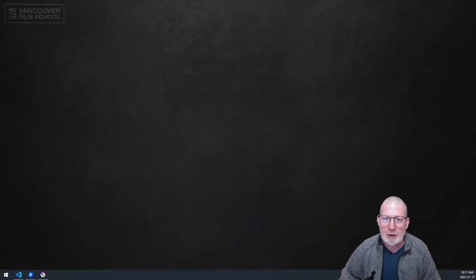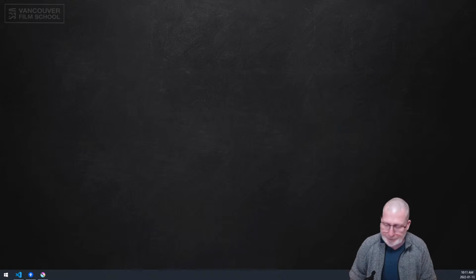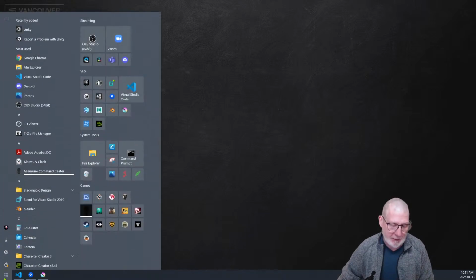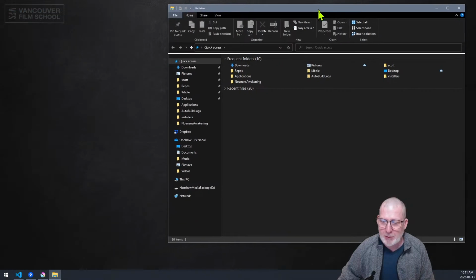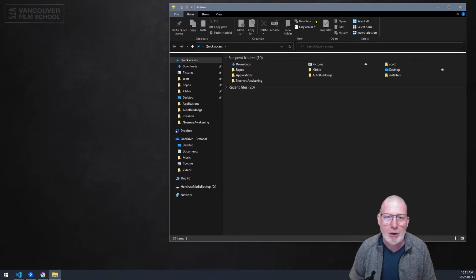The first thing I'm going to dive into, look at my fancy desktop here. In my fancy desktop, I'm going to bring up this File Explorer. Whenever people are talking about the Explorer, they're not talking about Internet Explorer. They're talking about the File Explorer.